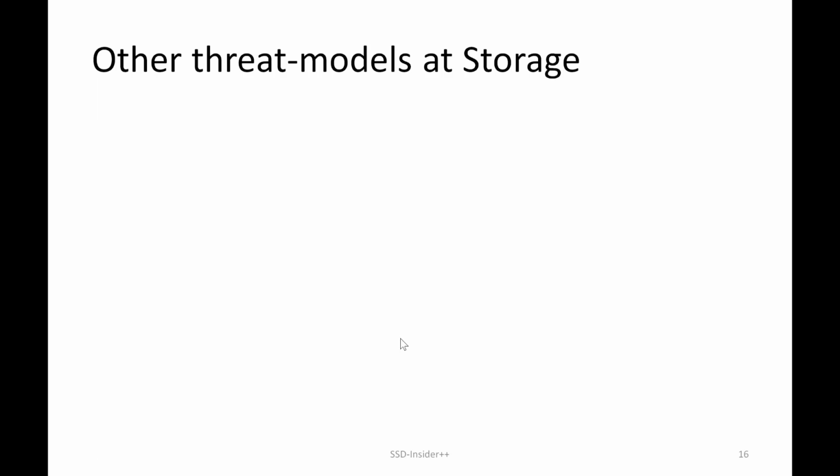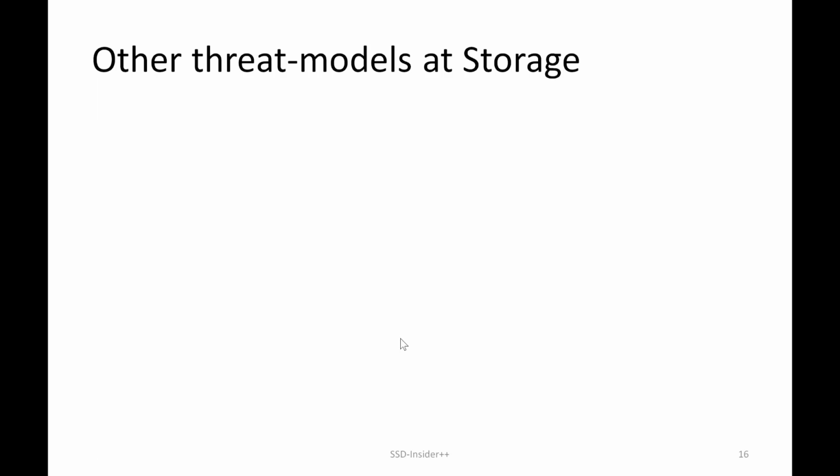So the threat model that we have seen at the storage so far is where malware is trying to encrypt your data files, and how you can potentially save the user data, right?